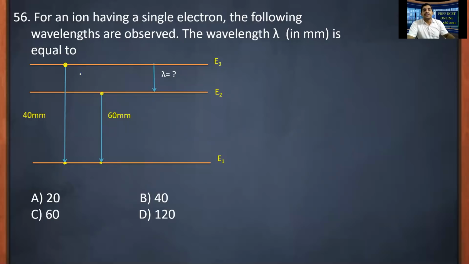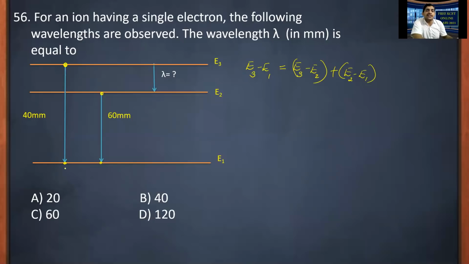So what we can write is the energy gap between E3 and E1 is the sum of the energy gaps between E3 to E2 and E2 to E1. So E3 minus E1 is equal to E3 minus E2 plus E2 minus E1.